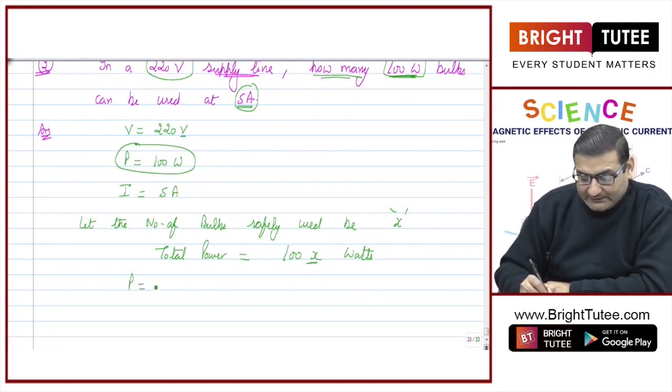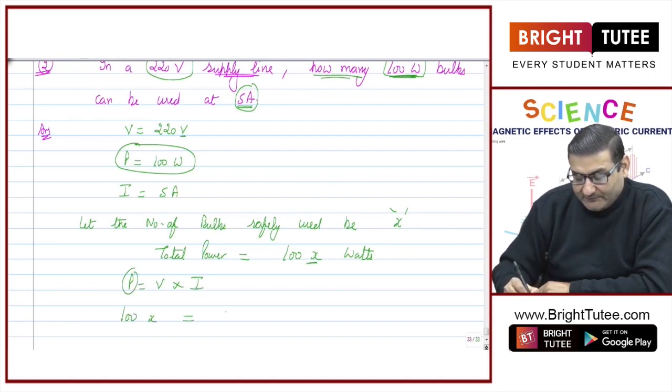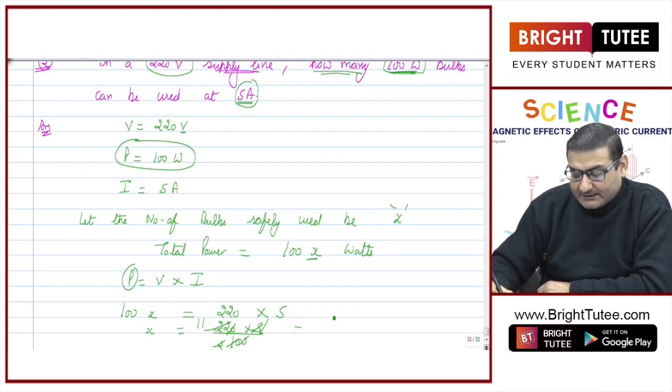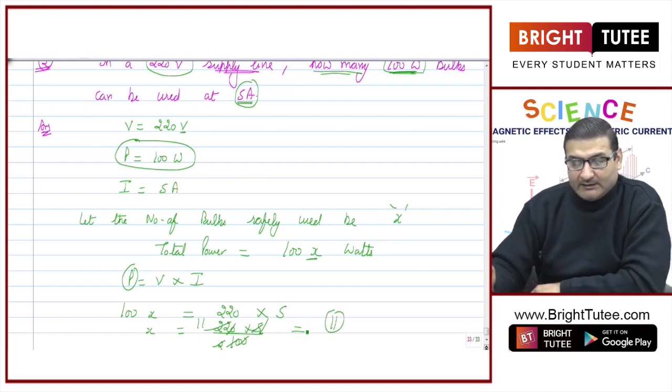The formula we know is P is equal to V into I. The power we have seen is 100X watts. V is given to be 220 volts. I is given to be 5 amperes. Through this, I'll easily calculate the value of X. That comes out to be 220 into 5, taking 100 over here, cancelling it, it comes out to be 11.